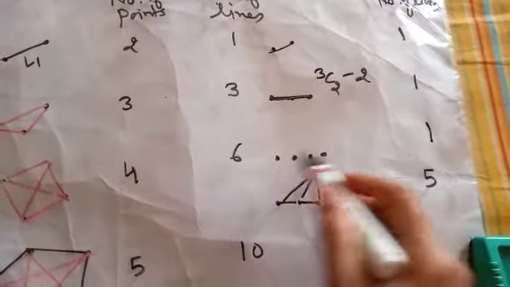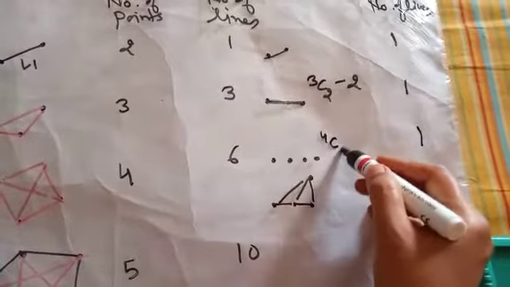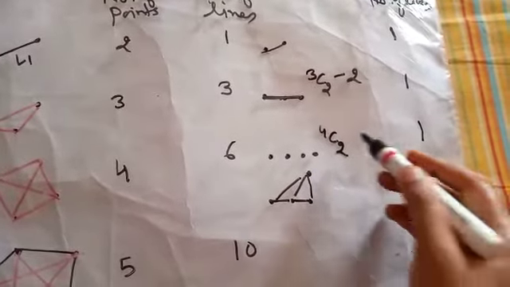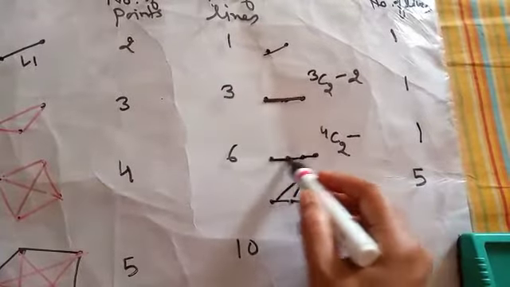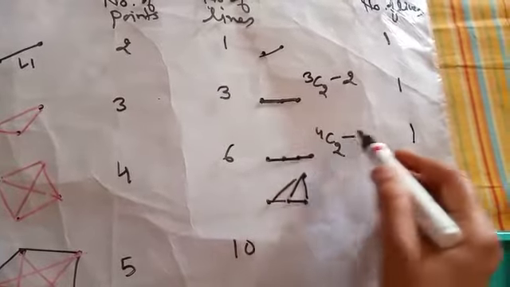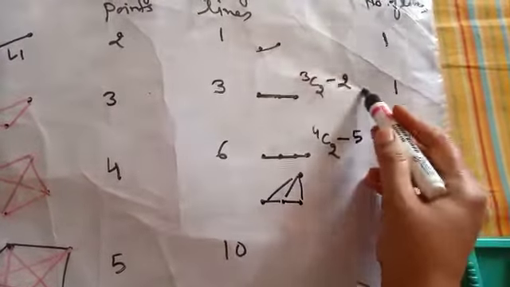Okay, let us see this one. If all 4 points are collinear, then we wrote earlier 4C2. Now this 4C2 minus how many lines? 1, 2, 3, 4, 5. So 5 lines subtracted and I get this answer as 1.